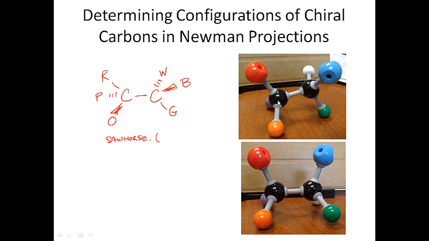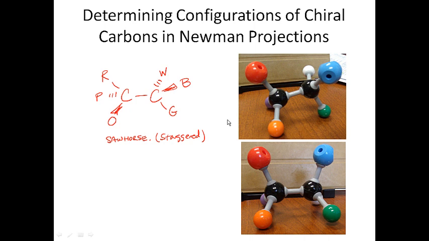If you said eclipsed, you're wrong. It's staggered. We'll come back to that in the next slide, where we'll convert this structure into the Newman projection. But if you look down here, because these two groups are in the plane, the red and the green, this would actually be the staggered conformation.